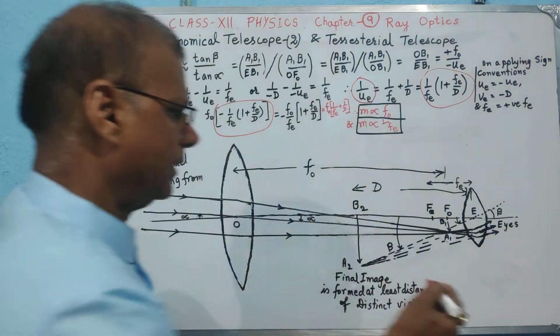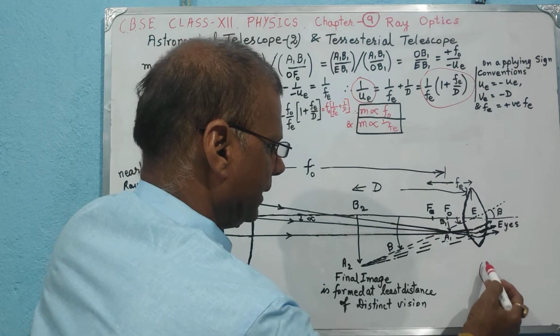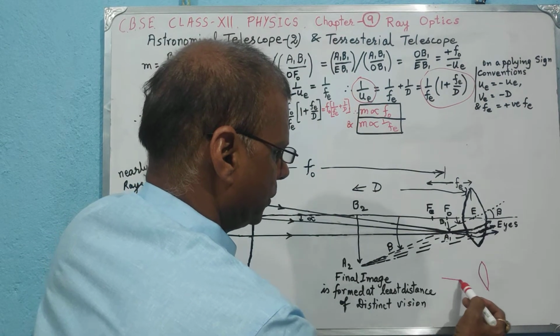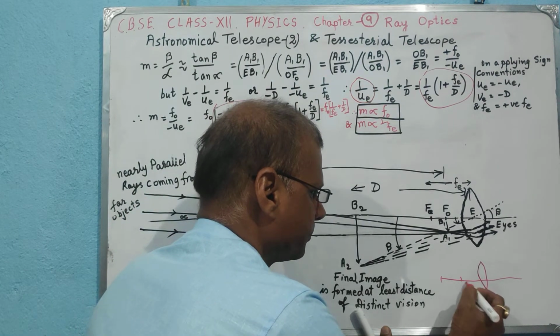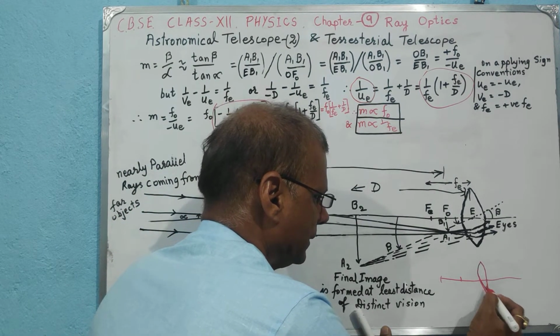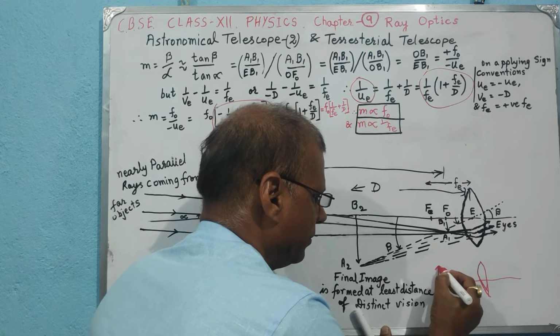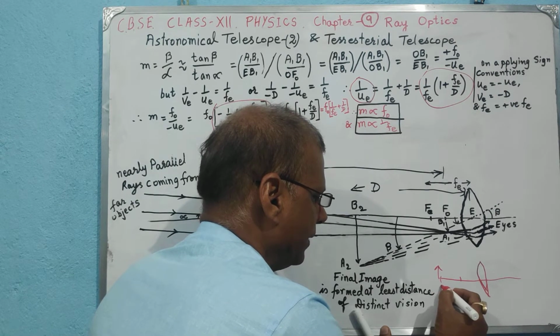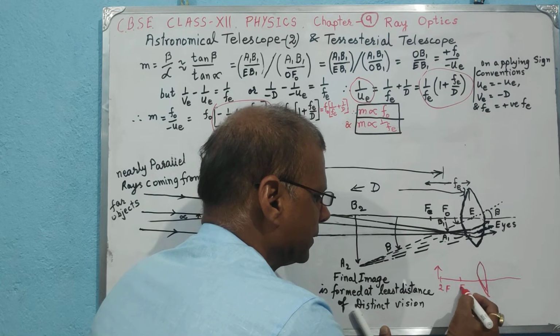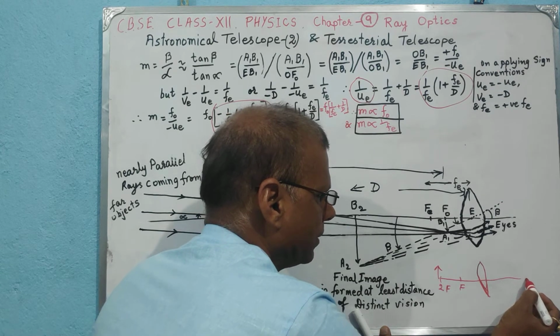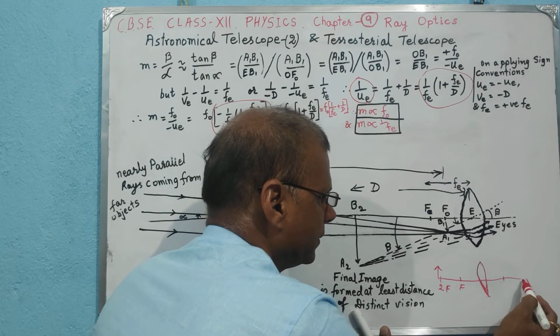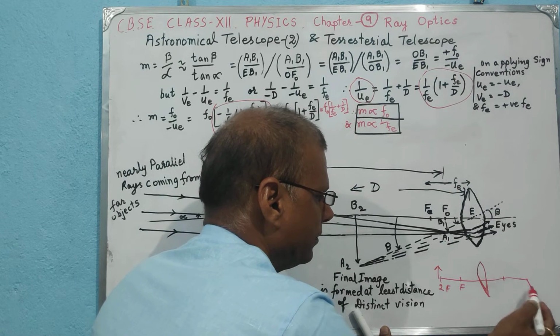One thing you must remember is that any object placed at 2f distance, let us say some object placed over here at 2f from the convex lens, then certainly the image of that object will be produced at 2f, inverted and real.